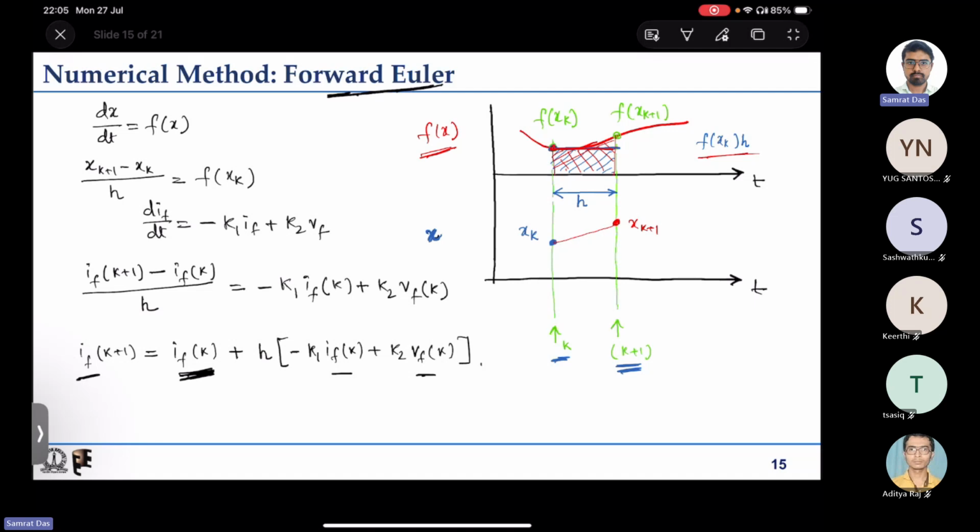Just to remind you, when we gave the initial condition for the integrator while implementing in SIMULINK, we have to give some initial condition. Initial condition basically means, for k equal to 0, whatever value you give, that will be taken as the value of the current.